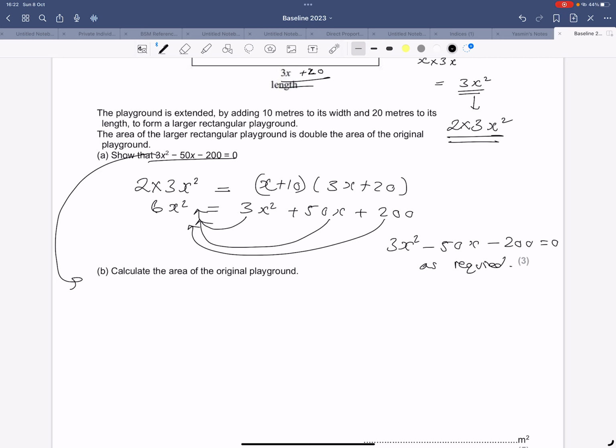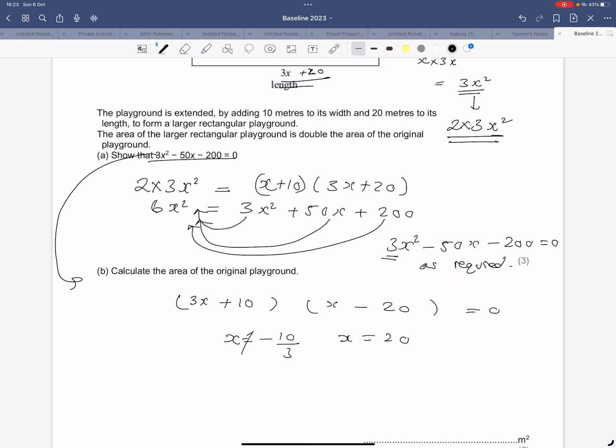Okay, so it seems like it's factorizable. So I'm going to factorize it as follows. Because 3 has only one factor in itself, it has to be 3x here and x here, and plus 10, and minus 20, equals 0. So x equals negative 10 over 3, and x equals 20.